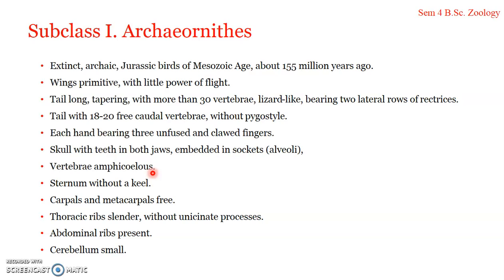But we have already seen that the vertebrae of modern birds are heterocoelous, that is, saddle-shaped. So Archaeornithes shows a character very different from the Neornithes form.